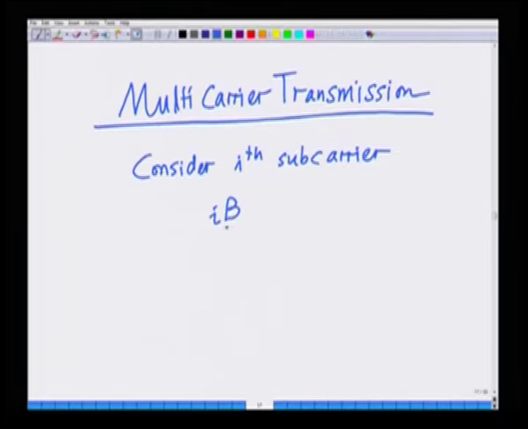In this multi-carrier transmission, the ith subcarrier has a center frequency I times B over n.